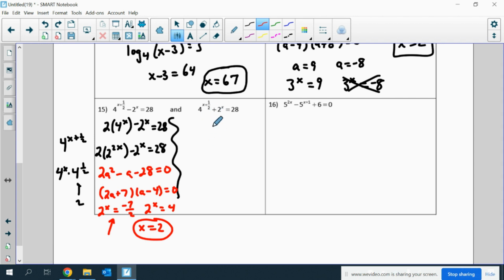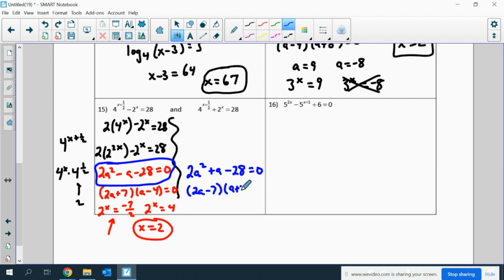Now, why did I do a second problem that's similar? Because it would end up being this exact same situation. So I have 2a squared plus a minus 28. So when I factor it, I end up with 2a minus 7 and a plus 4. So I end up with a equals 7 halves and a equals negative 4.